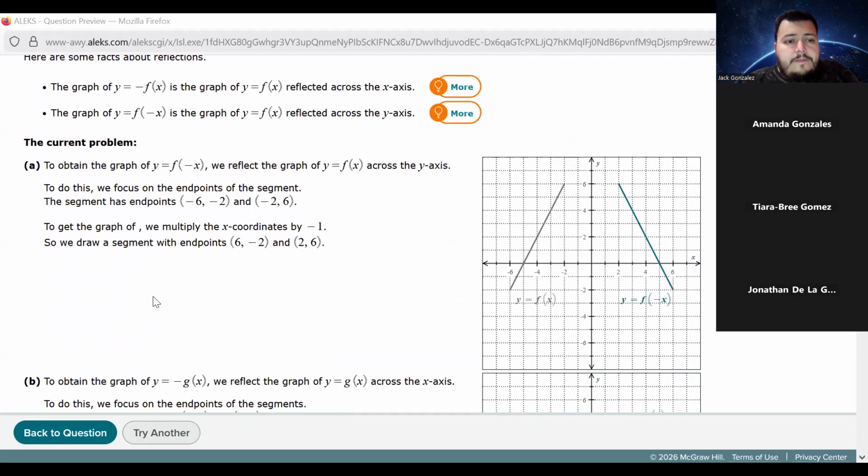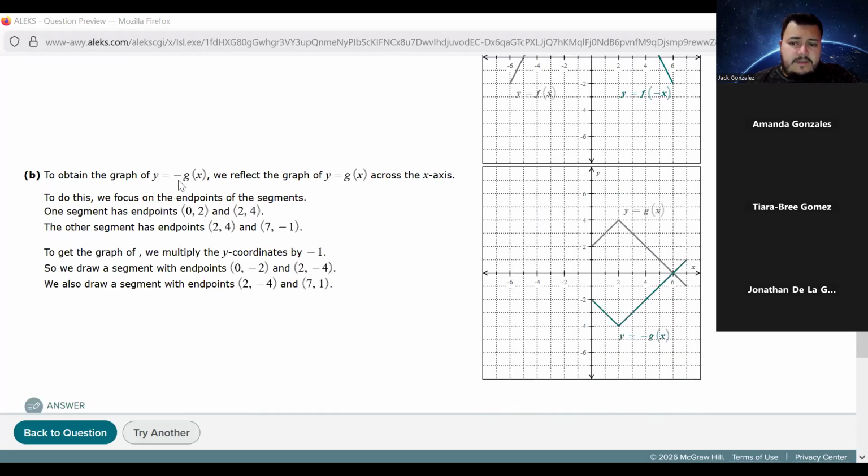So let me show you. They took this one and flipped it across this axis. That's how this happened. Do you see it? And then this one, since the negative was on the outside, they take the original, the gray one, and just flip it upside down.